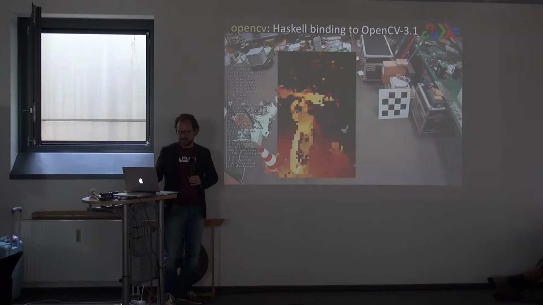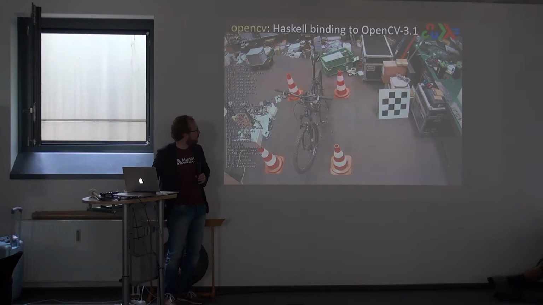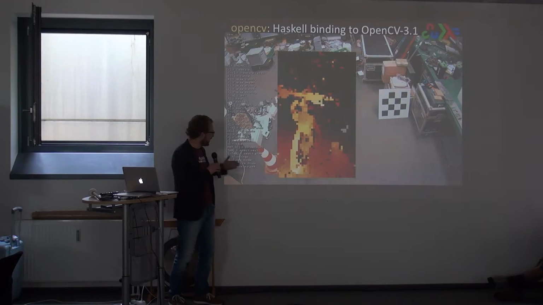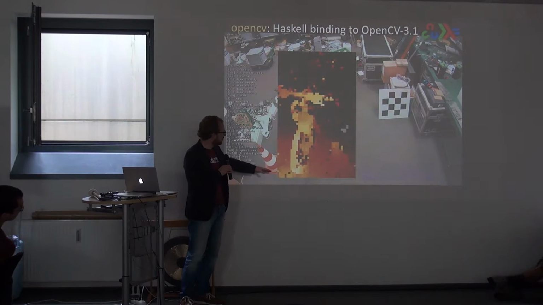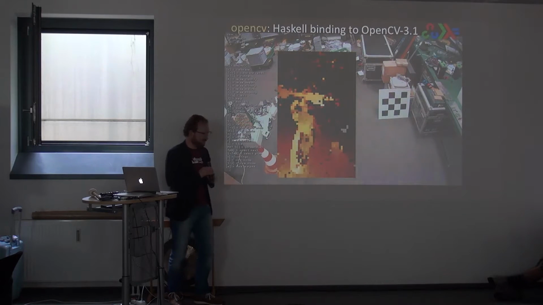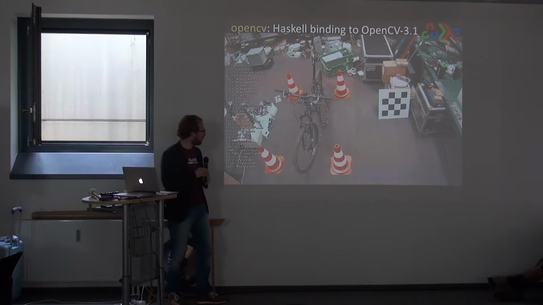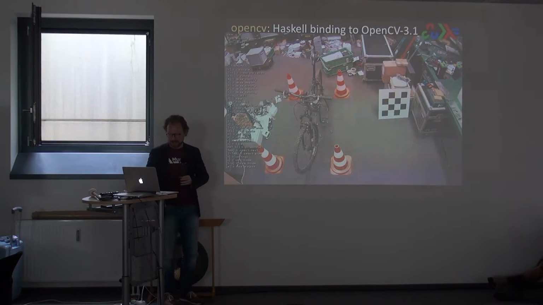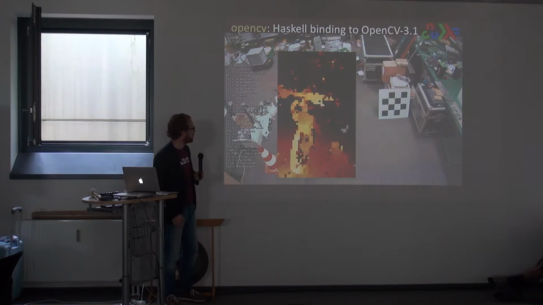And you can neatly see the shape of the bicycle in here. What I really like about this example is that you can see the distance of the floor increasing from the camera. That was really amazing to me, that our algorithm can even detect the textures in the floor and then calculate the distance to the camera. So that's really nice.